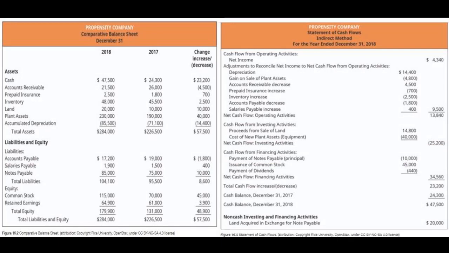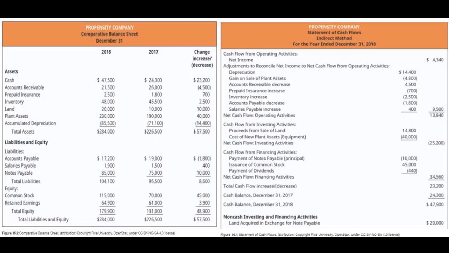Would you like to see another example? Well, let's look at 16.2, the common stock line. Common stock went up by $45,000 over the course of this year. Is that number highlighted in the cash flow statement, figure 16.4?